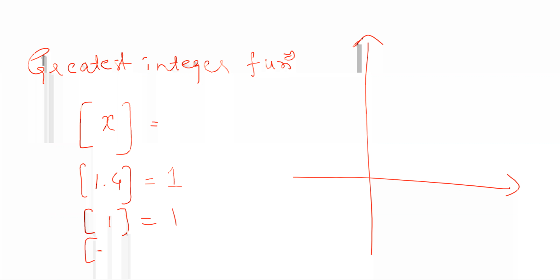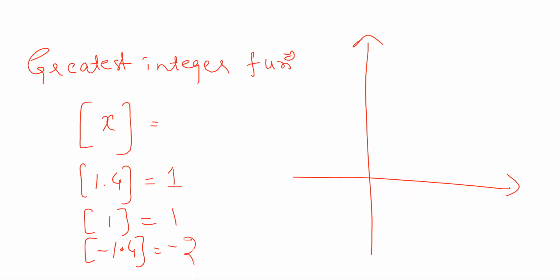Greatest integer of minus 1.4? Not minus 1. Immediate left means what? Which will become the element?